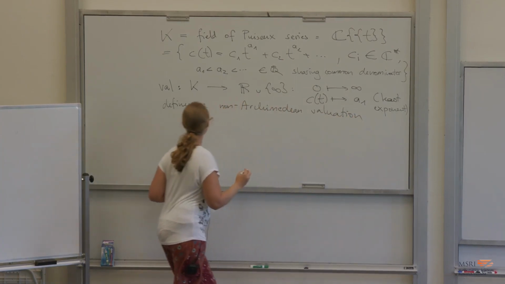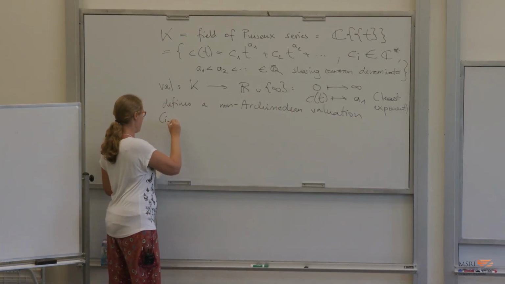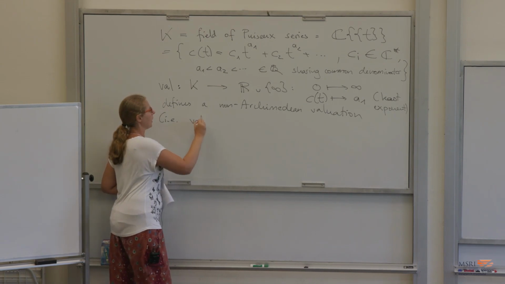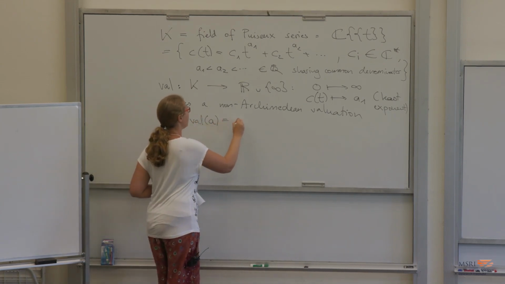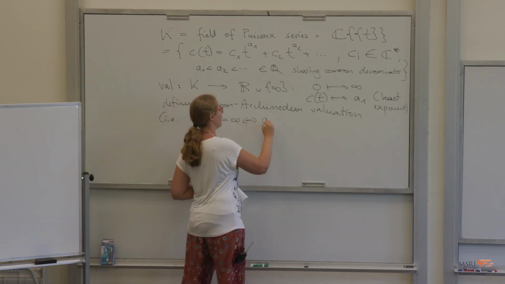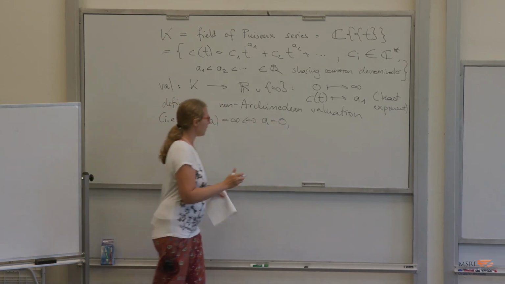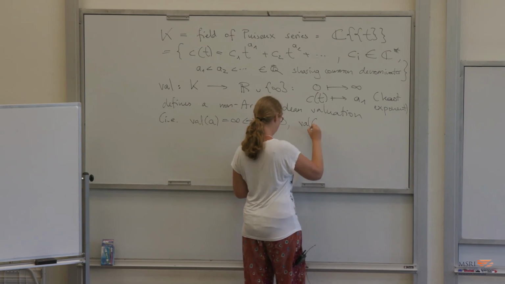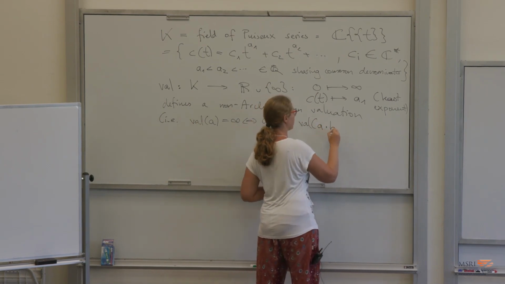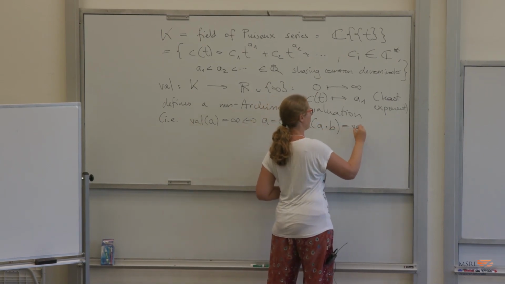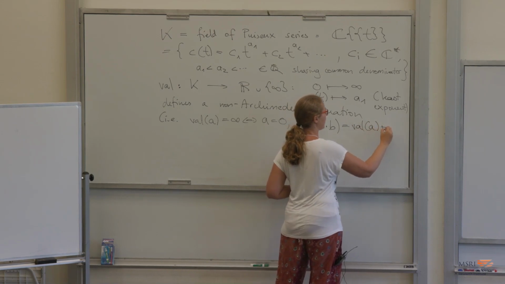What does it mean to be a non-Archimedean valuation? It means the valuation of a number is infinity if and only if the number is 0. That's true for us. The valuation of the product of two numbers is the sum of the valuations.